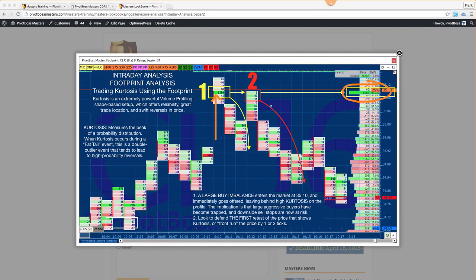So that's a large buyer trying to influence price higher and create new higher value, perhaps. If it's rejected immediately, you see price drop. If it's accepted, you see price either create value at that area or continue onward in a price discovery phase. So that's a little more detail behind the kurtosis pattern.